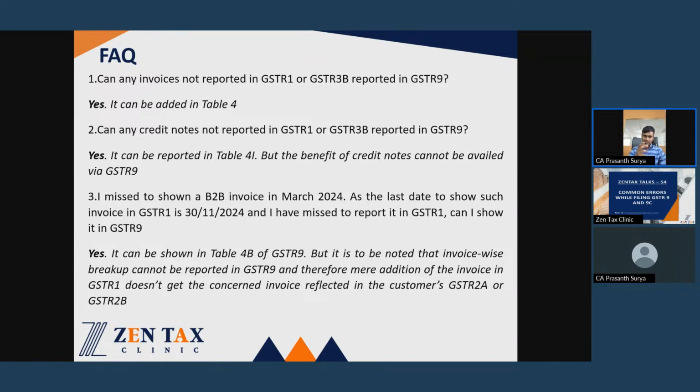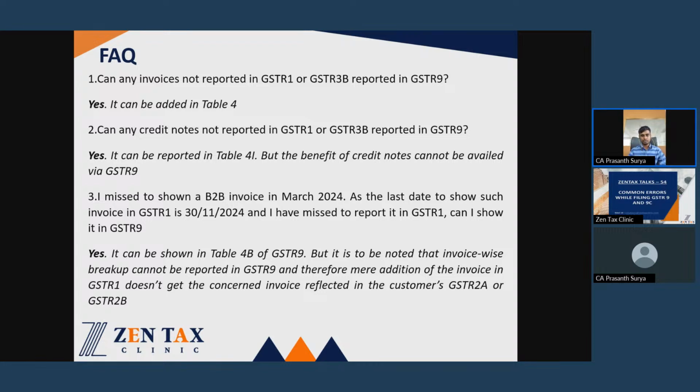Ultimately, reporting bill number 42 separately would mean it should go into the GSTR2B of our customers. But GSTR9, as I already said, will not cause any impact in GSTR2B or the electronic credit ledger. So you can add the consolidated figure in table 4 and declare additional liability if there is any, but you cannot report any invoice-based details.